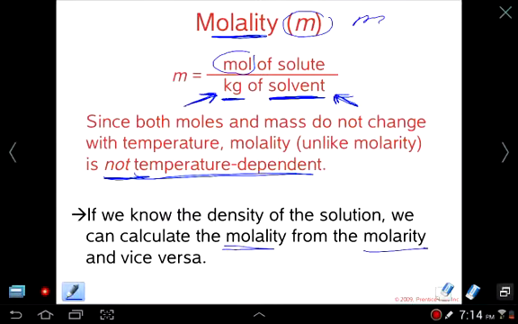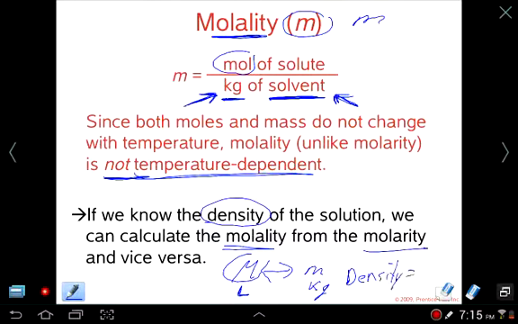The only thing we'll have to know is density. So you can go between molarity and molality, and then back over through density, because recall molarity is liters on the bottom, molality is kilograms on the bottom, and what relates mass and volume is density. Recall that density is mass over volume. We'll see an application of this in just a second.